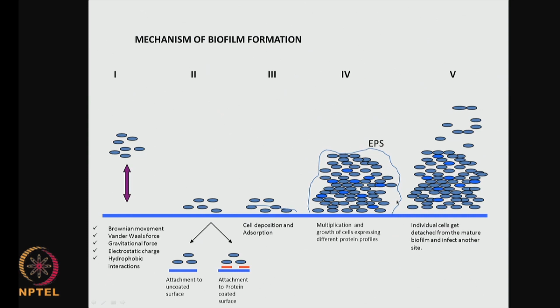Exopolysaccharides are formed. So, they start forming a big layer of exopolysaccharide, which is called the matrix here. The bacteria on the surface get enough oxygen and nutrients. The bacteria right at the bottom do not get as much because of the limitations of diffusion of oxygen, nutrients, and other chemicals.